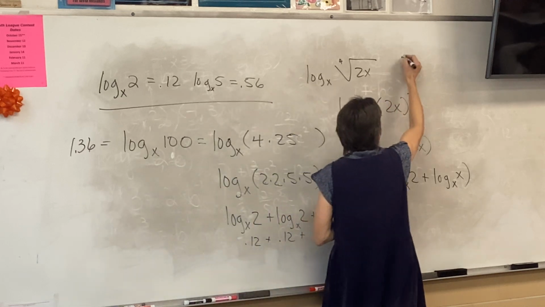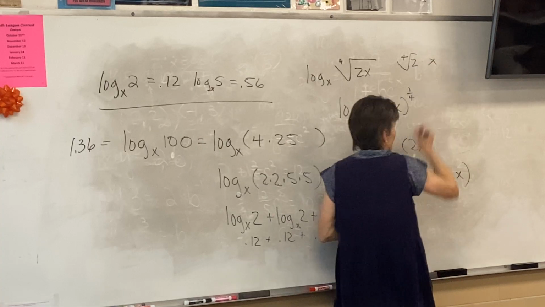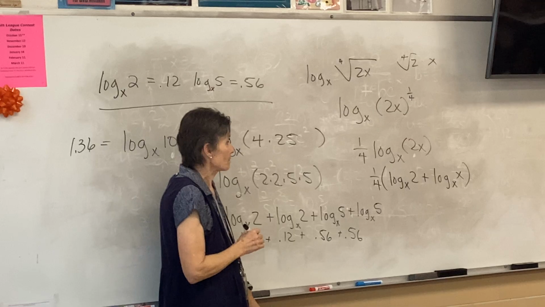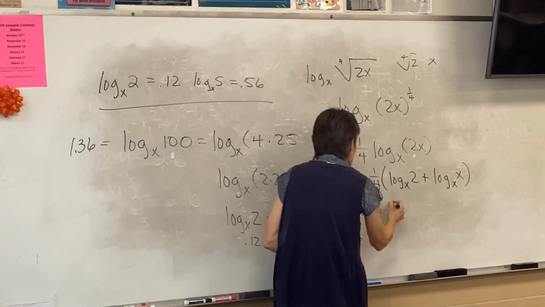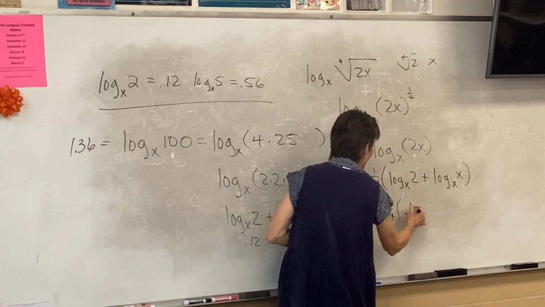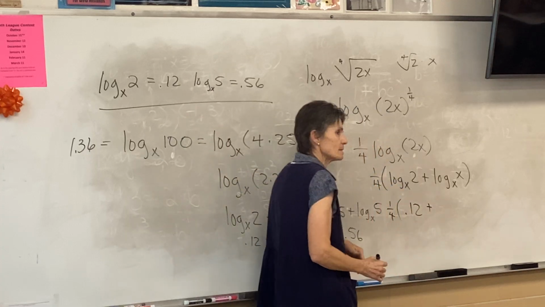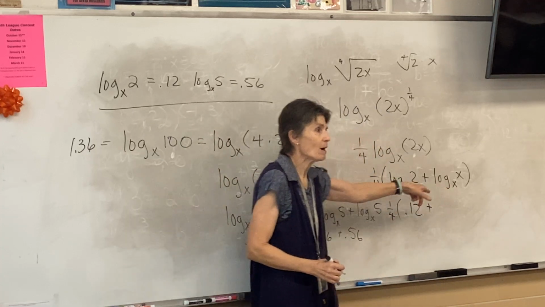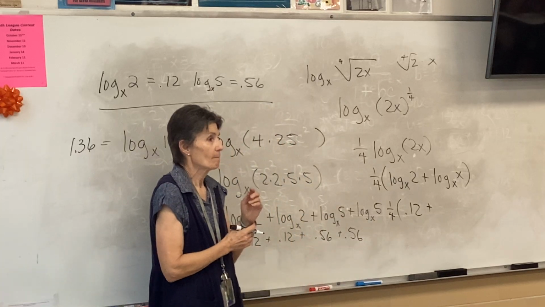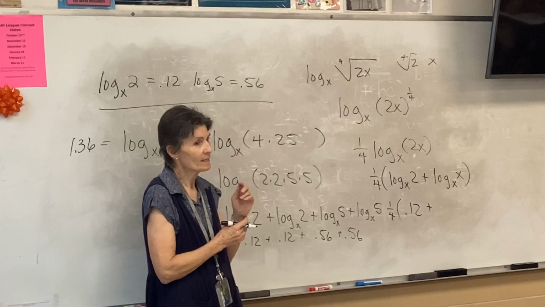Then it would be like the 1/4 through the 2 times x. The 1/4 goes with both of them. Now, the easy part is right here. I know that is 0.12. Can somebody tell me what that is? That wasn't in my given. What do I do with that? Cancel that out.